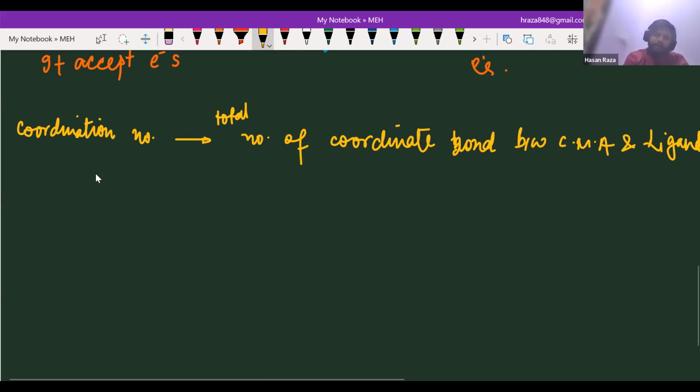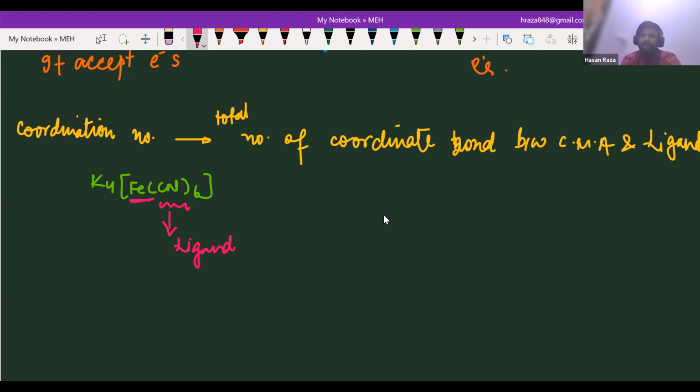As you have seen, K4[Fe(CN)6]. This is your central metal and this is your ligand. How many ligands are there? 6 ligands, CN. Fe, this CN has the tendency to make only one coordinate bond.